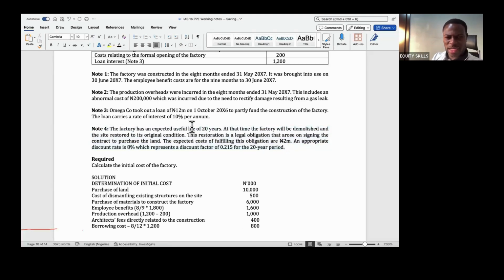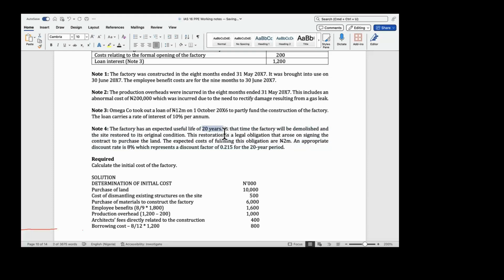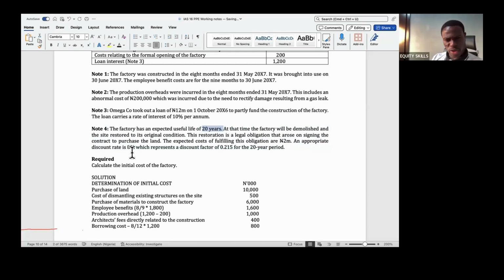They said the factory has an expected life of 20 years. At that time, the factory will be demolished and the site restored to its original condition. This restoration is a legal obligation that arose on signing the contract to purchase the land. The expected cost of fulfilling this obligation is 2 million. An appropriate discount rate is 8%, which represents a discount factor of 0.215 for the 20 years period.